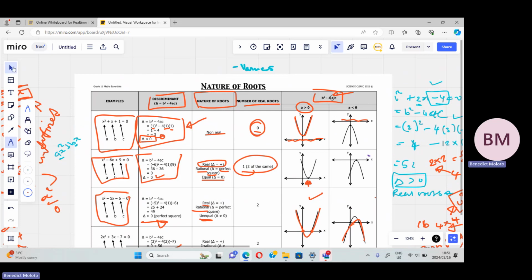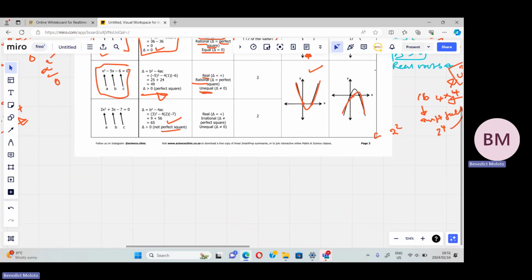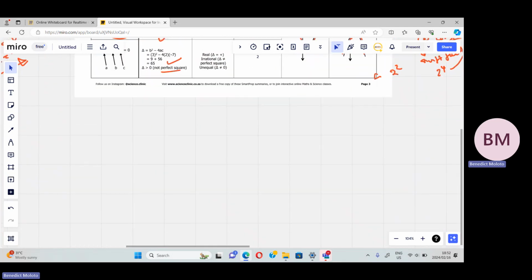Let's look at a few questions. I didn't write the questions here, so I'm just going to shift a little bit downwards and take a very difficult question from your apps. I need something on the nature of the roots.